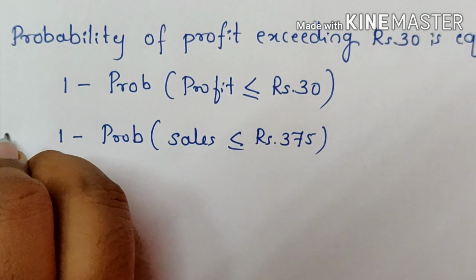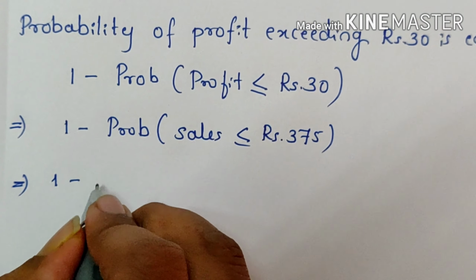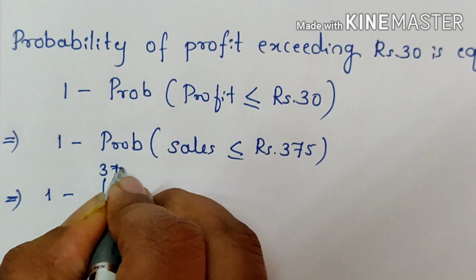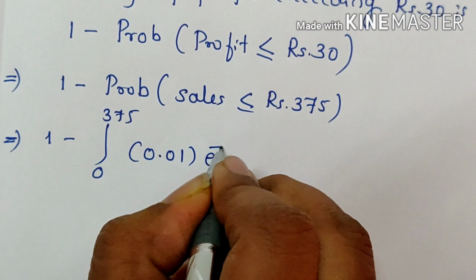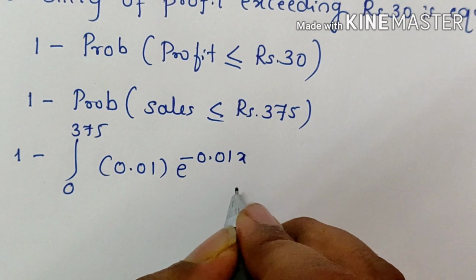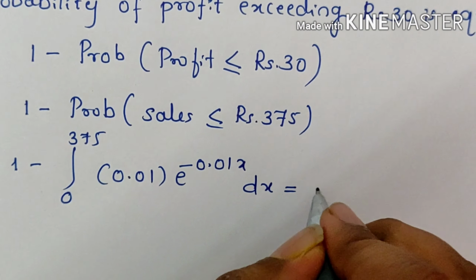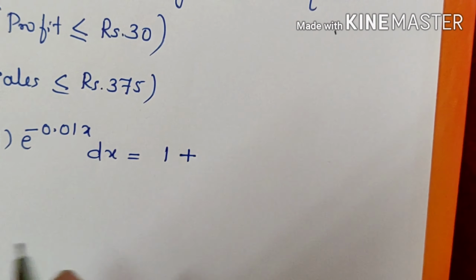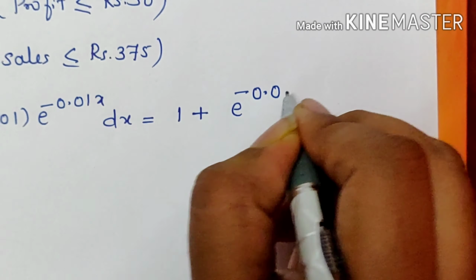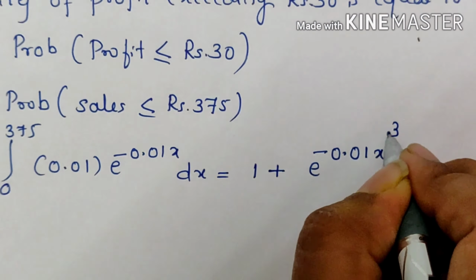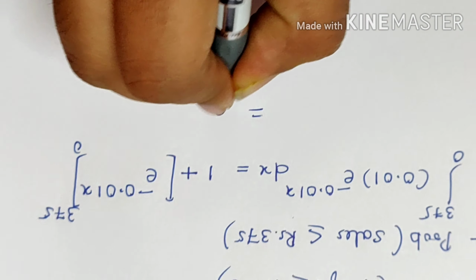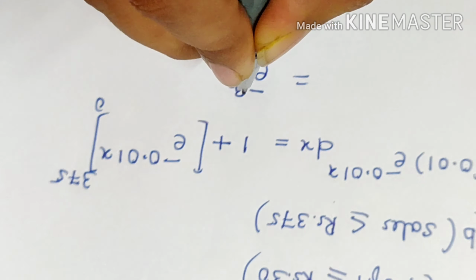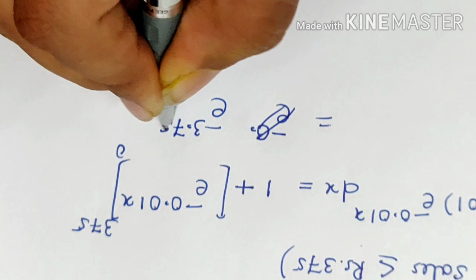So this is nothing but 1 minus the integral from 0 to 375 of 0.01 e raised to minus 0.01 x, that is our PDF, dx. When you integrate, it is 1 plus e raised to minus 0.01 x over the limit 0 to 375. When we simplify, we get e raised to minus 3.75.